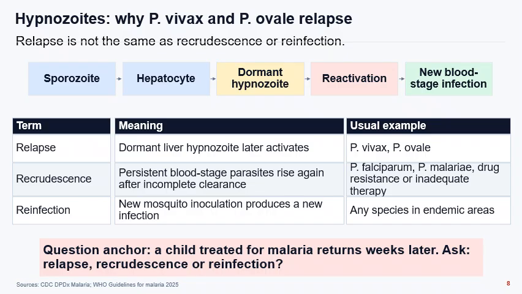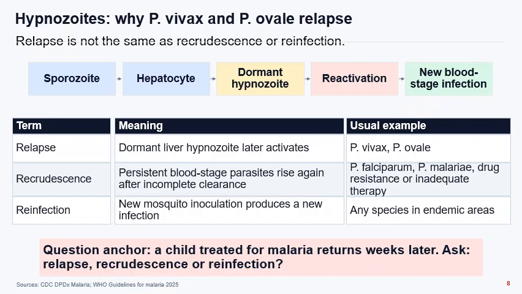This slide addresses a frequent examination concern. A relapse is not the same as recrudescence, and neither is it the same as reinfection. Relapse occurs when a dormant liver hypnozoite reactivates. This is classically seen with Plasmodium vivax and Plasmodium ovale.